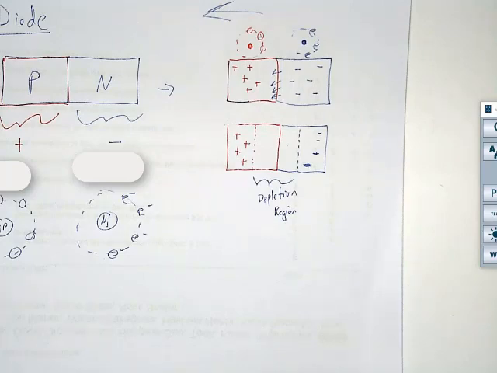Now, here's the trick of this. No current will flow through this because current is basically charge that's flowing. If you look at this, you've got some positive here and some negative here, and then you've got nothingness. So how would current ever flow through this? If you want current to flow, you want these electrons to get to a position where they can flow through this entire thing.